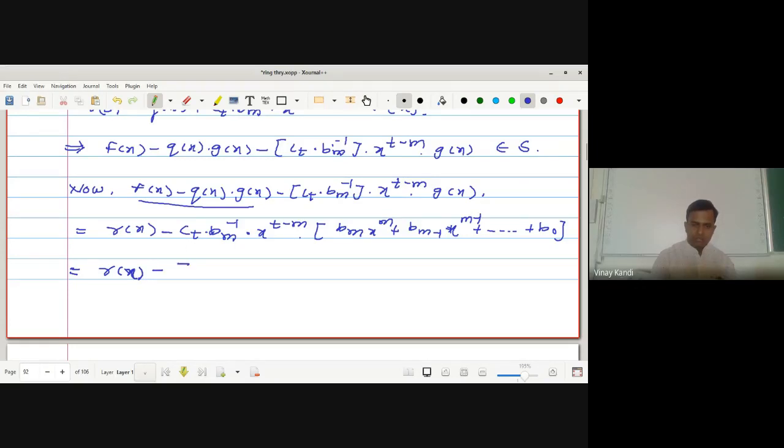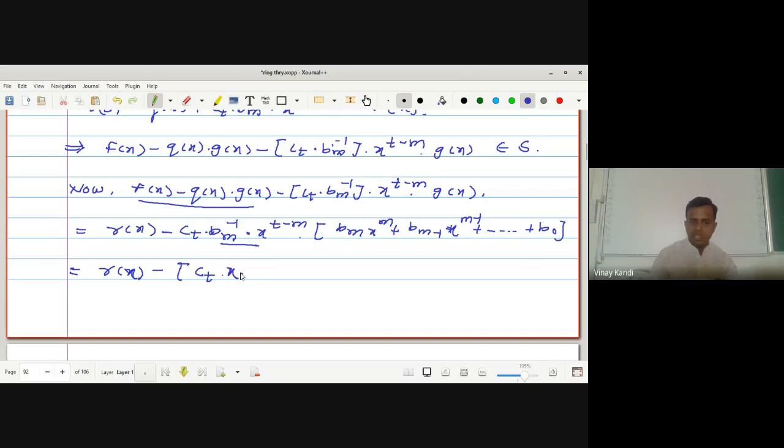So this is r of x minus ct into, now multiply this term to all these terms. What do we get? bm and bm inverse, we have 1. a into a inverse काय असणार? 1 असणार ना, constant polynomial ना, 1. And this one is x raised to t minus m plus m.